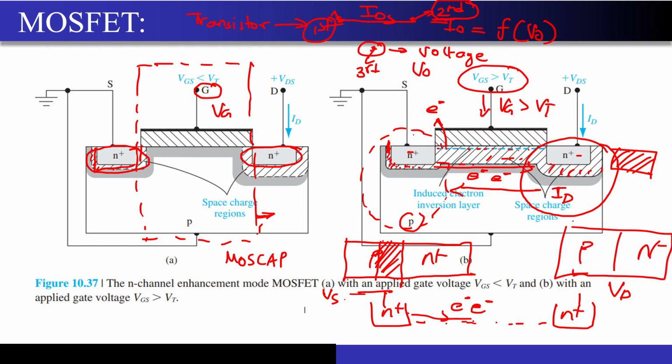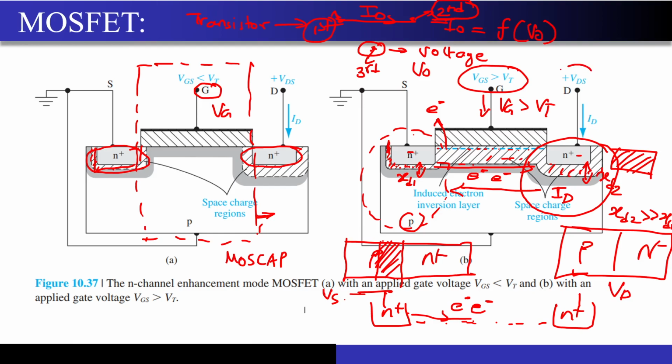Now what is actually happening? You can see the width XD over here is higher than this smaller width, let's say XD1, and this is XD2 over here. So you can see XD2 is higher compared to XD1. Now why did this happen? The only case where the depletion region width in a PN junction will increase is in the case of reverse bias, right?